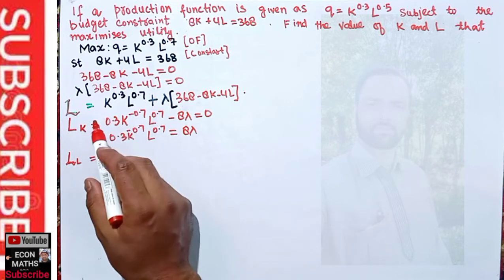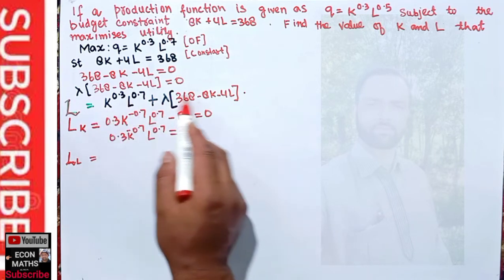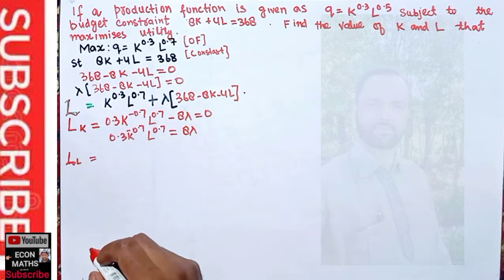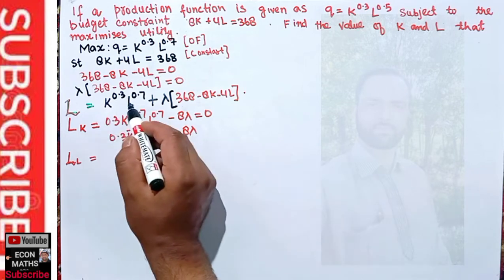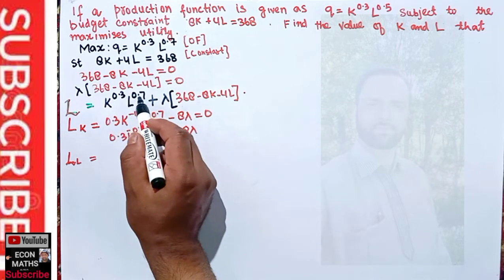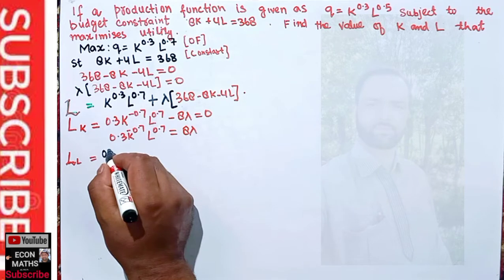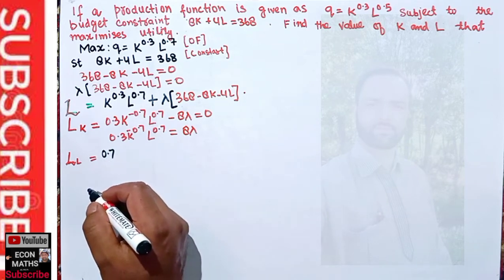So we again differentiate this very Lagrangian function with respect to l. Here the 0.7 becomes the coefficient.